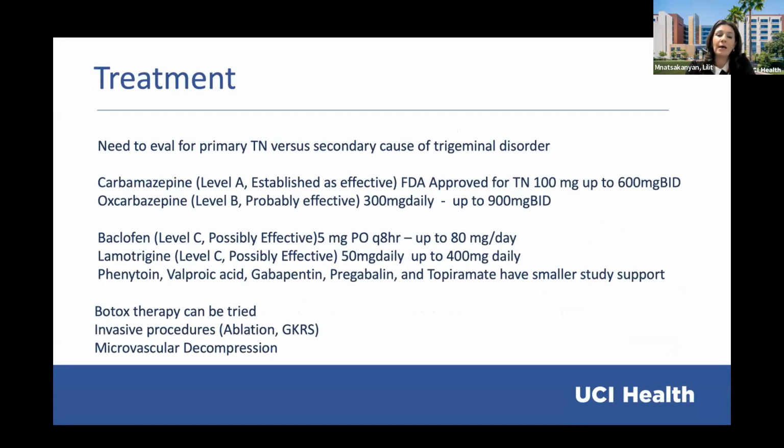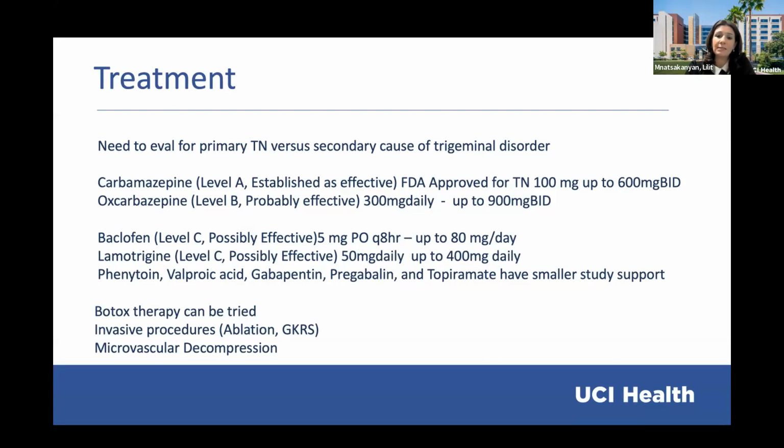It is essential to determine whether this is a primary neuralgia or it has secondary causes, because secondary causes will have specific disease categories that need to be addressed and treated specifically. For symptomatic management, the first line is really anti-seizure drugs, with carbamazepine having level A evidence.